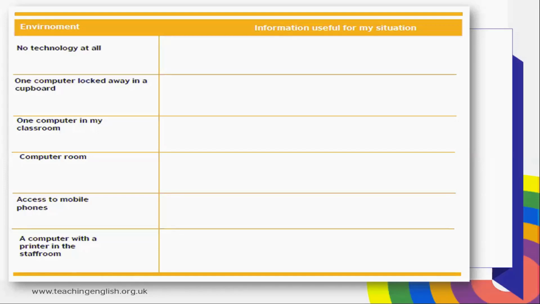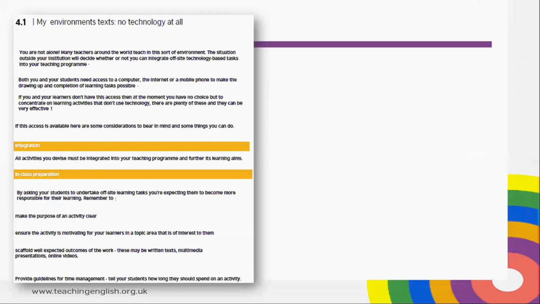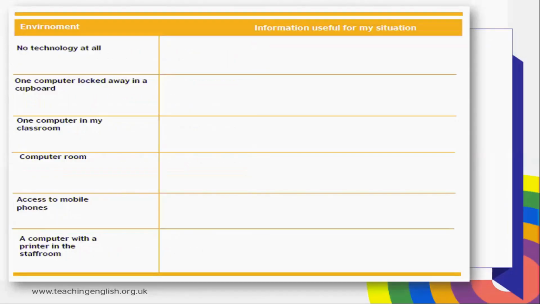No technology at all. Is there anyone of us who has no technology at all at his or her school? No. Okay. One computer locked away in a cupboard. Most of our schools. Why is this happening?